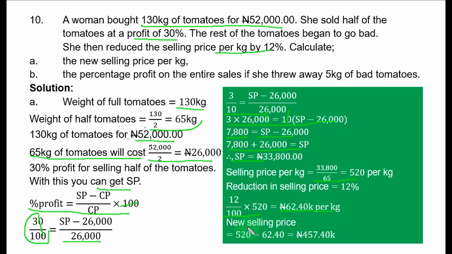So the new selling price is removing the 12% reduction from the old selling price. That is 520 minus 62.40, and that is 457 naira 40 kobo as the new selling price. This selling price is per kg, that is 1 kg.